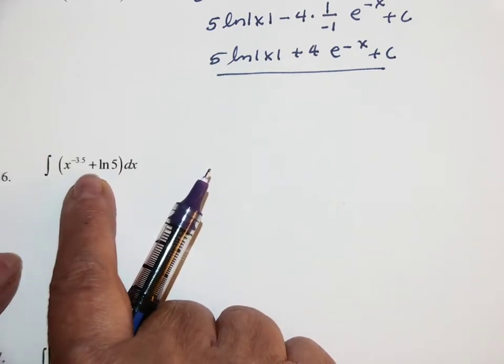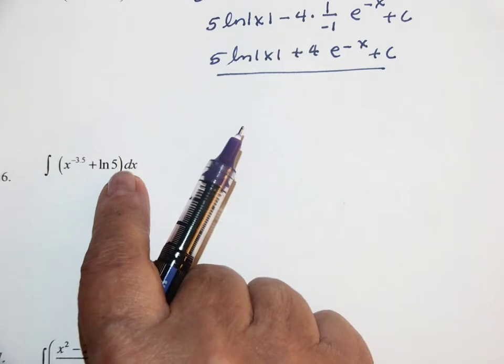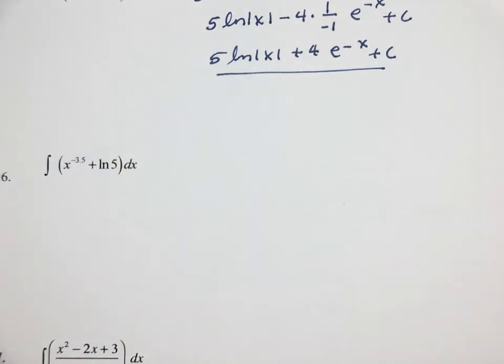Now this is 3.5, so this is a natural log of 5 is just a number.